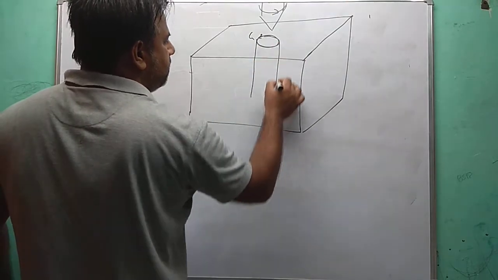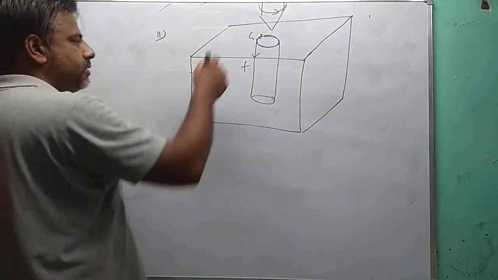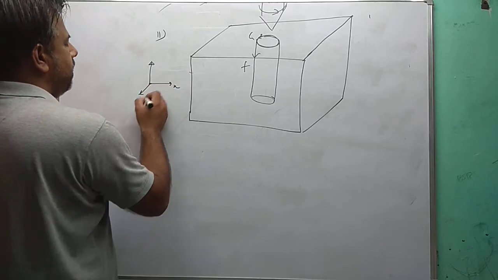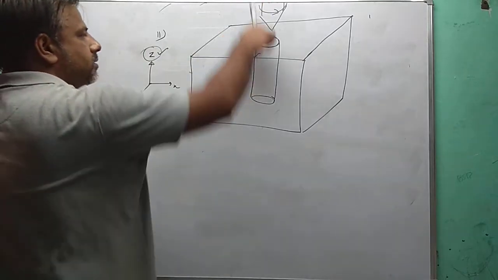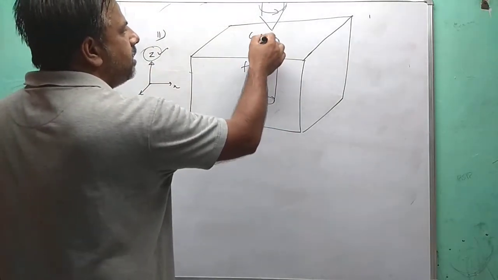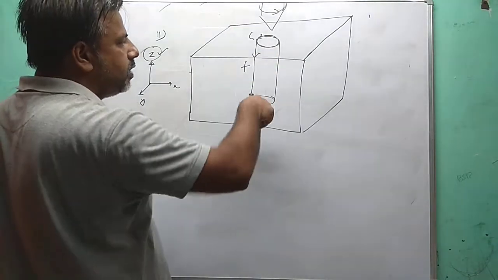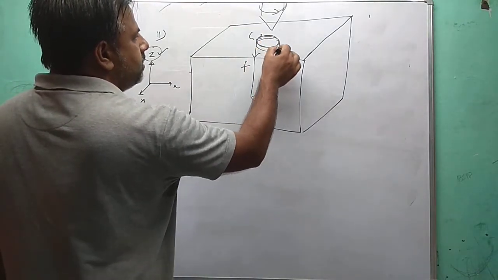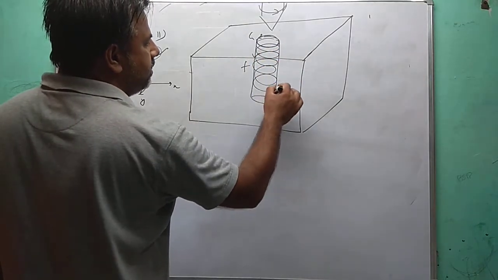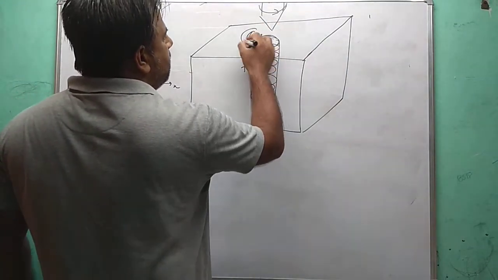Suppose this is the x-axis and y-axis, and this is my z-axis. So the feed is in the z direction. The cutting motion is circular and feed is linear in the downward direction. So the line generated by the cutting motion and feed motion simultaneously will give you the cylindrical shape.